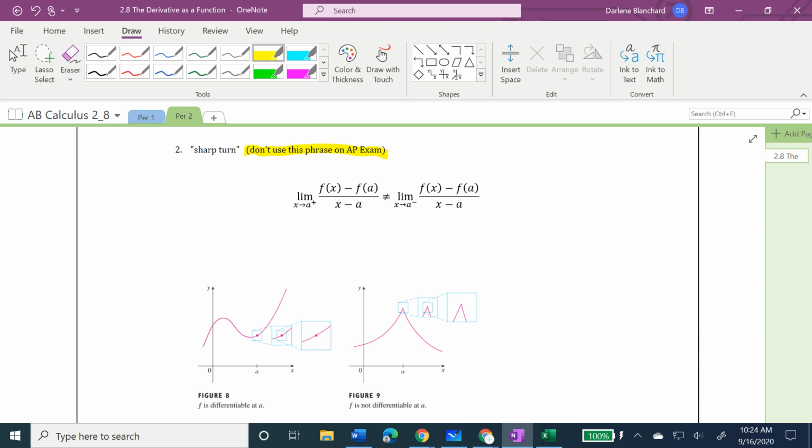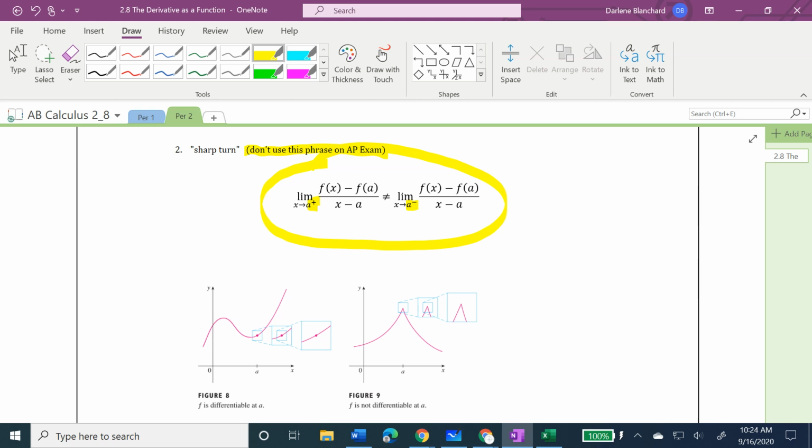If they ask you to justify, show, or any of those important words, you have to use calculus explanations. Describing the graph is not a calculus explanation. Saying that the slope coming from the right is not equal to the slope coming in from the left is the ideal way to justify this issue.